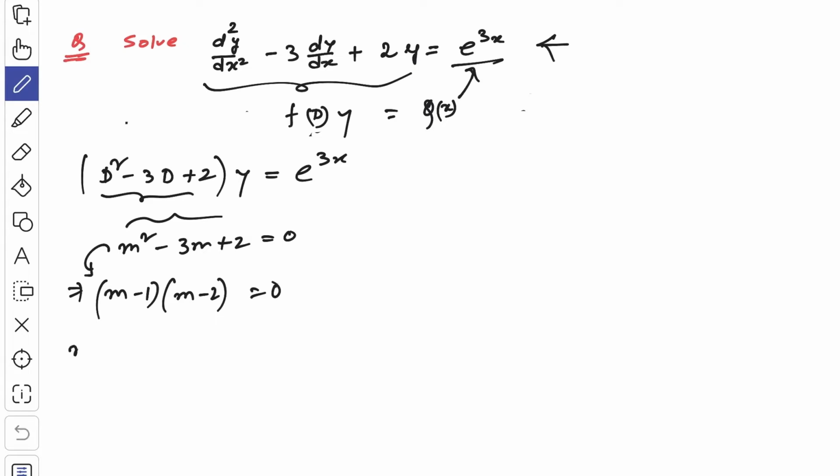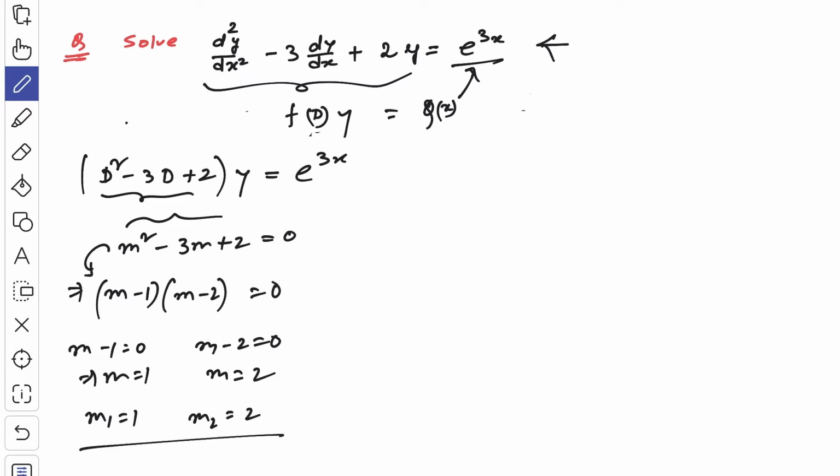So this implies m minus 1 equal to 0 and m minus 2 is equal to 0, which gives m is equal to 1 and m is equal to 2. So we can write here the roots are m1 is equal to 1 and m2 is equal to 2. Here you see these two roots are distinct and real.